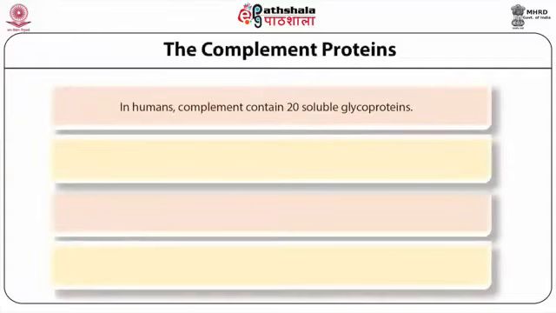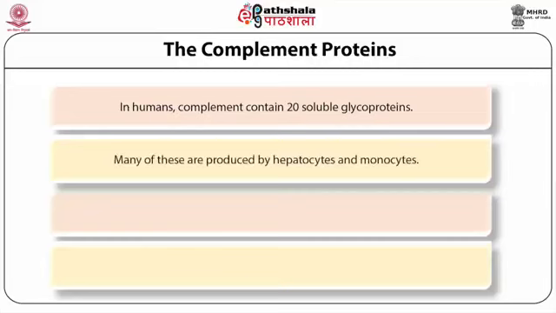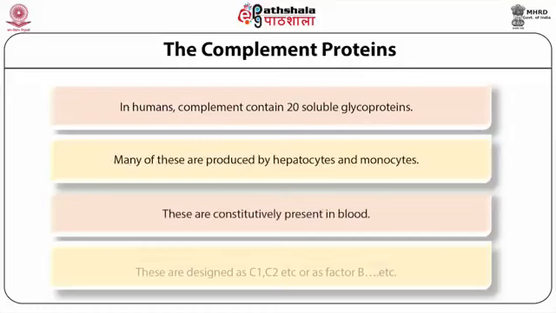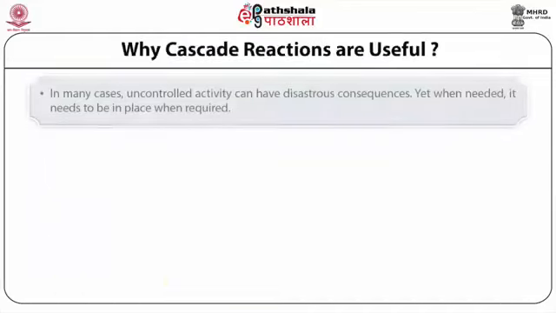In humans, complement contains 20 soluble glycoproteins. Many of these are produced by hepatocytes and monocytes. These are constitutively present in blood and are designated as C1, C2, etc., or as factor B, C, etc. In many cases, uncontrolled activity can have disastrous consequences, yet when needed, it needs to be in place.